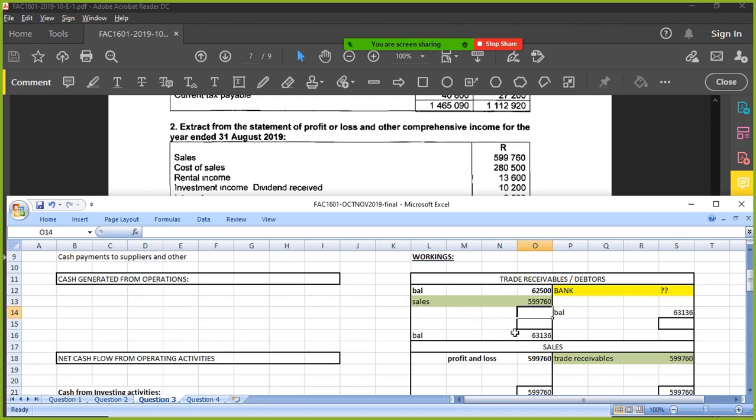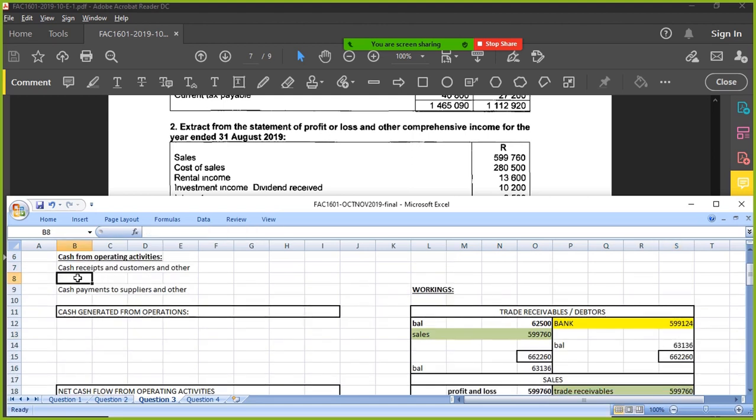Those are the sales. So this side is bigger. Cash receipts, asterisk, debtors. Let's not open a bracket, let's just write it down. What is it? 599124. There's the first receipts figure.